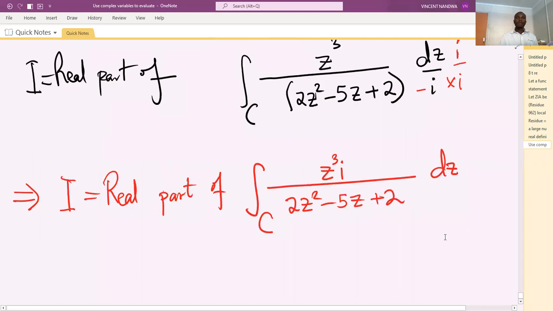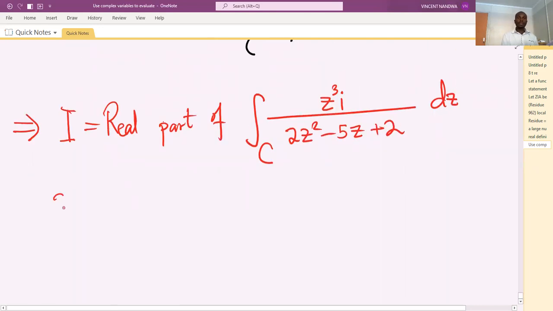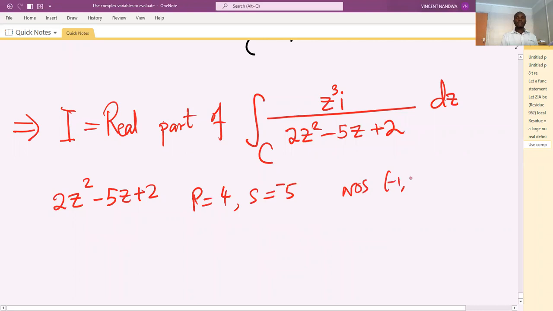So now this quadratic part, 2z squared minus 5z plus 2: product is 4, sum is minus 5. So numbers should be negative 1, negative 4. So 2z squared minus z minus 4z plus 2.